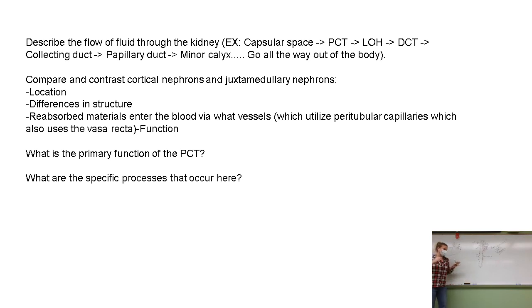But in general, for the most part, all of the nutrients are going to get reabsorbed back into the bloodstream in the proximal convoluted tubule. So should you be seeing nutrients in your urine? No. So for nutrients, remember stuff like glucose, fatty acids, and amino acids.